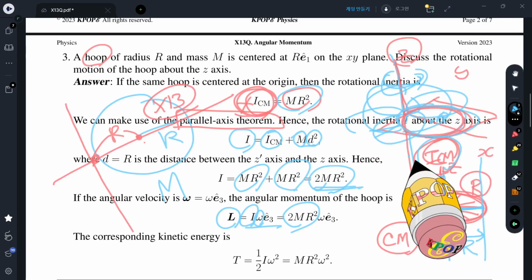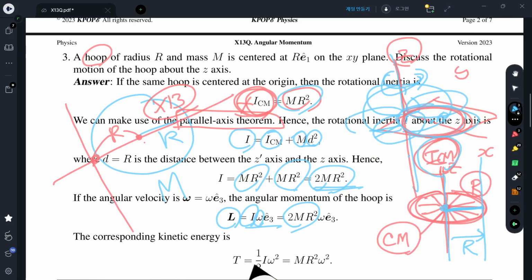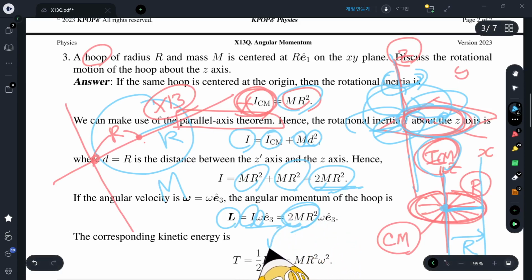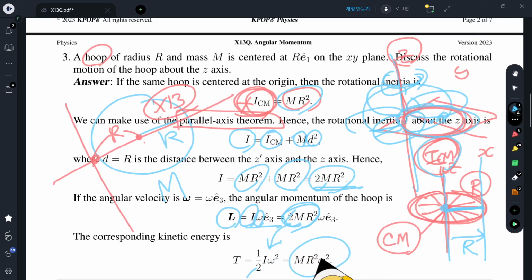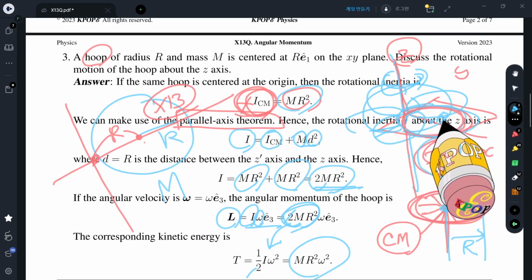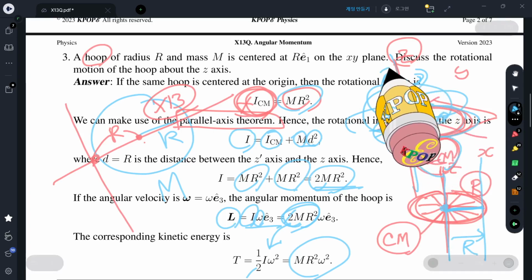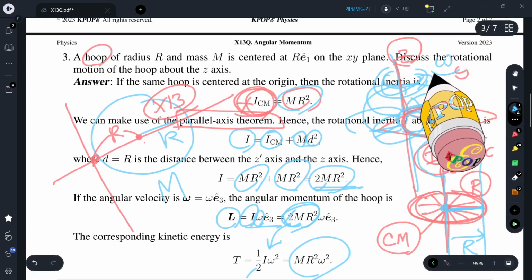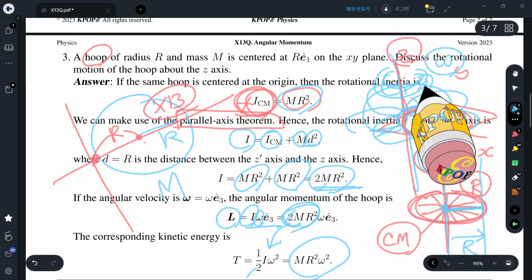In addition, kinetic energy is 1/2 I omega squared, and this is I. Substituting, the 2 cancels. We reach m r squared omega squared as the total kinetic energy of the hoop when it rotates about the z-axis with angular velocity omega.